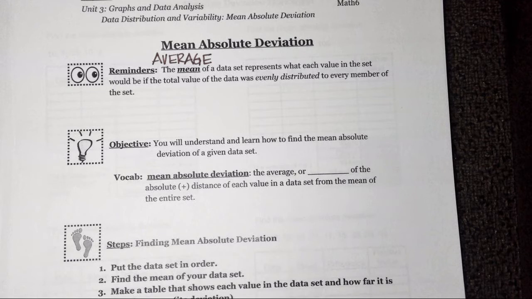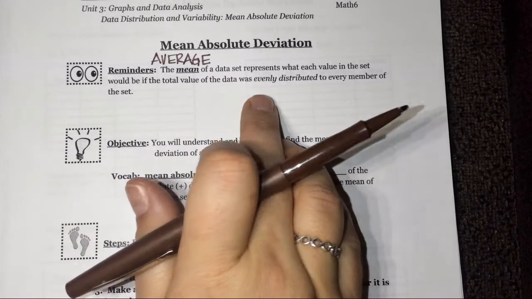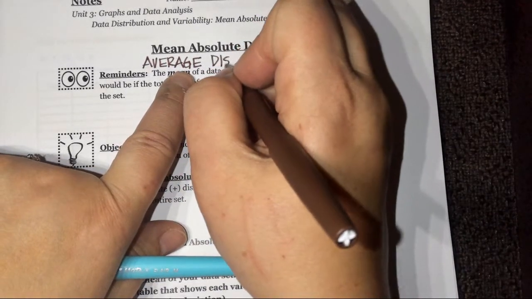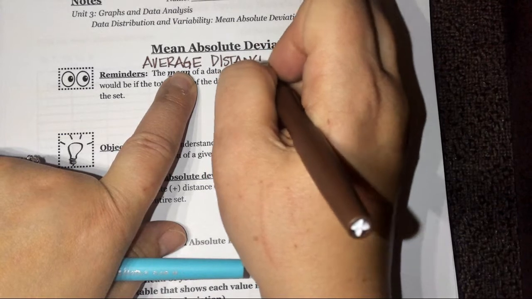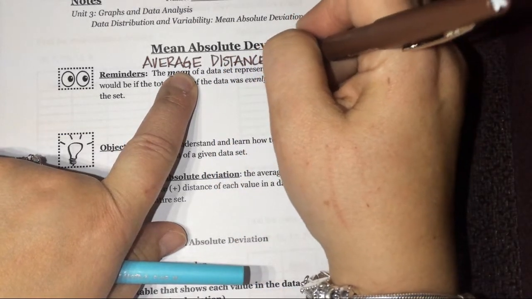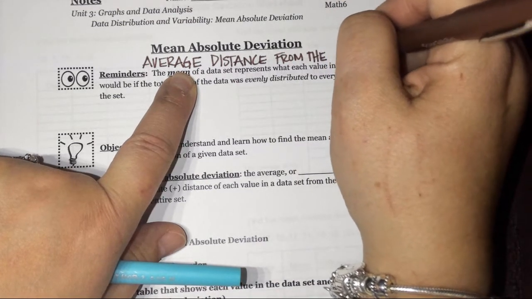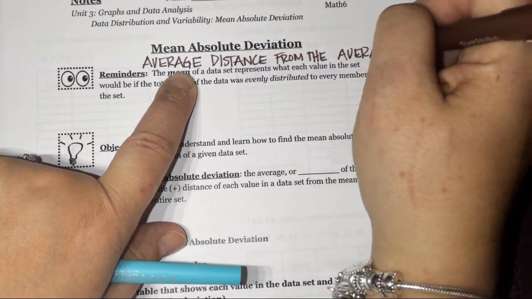And what is the thing in math we say is always positive? Remember Ferris Bueller in the car? Distance. Okay, so when we're talking about mean absolute deviation, we're talking about the average distance from the average. And I know that sounds weird, but I'm going to explain to you why that means that.